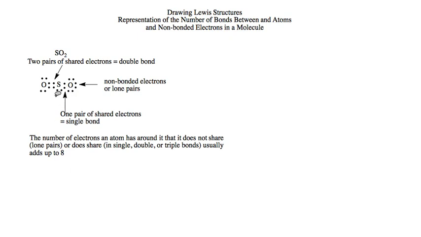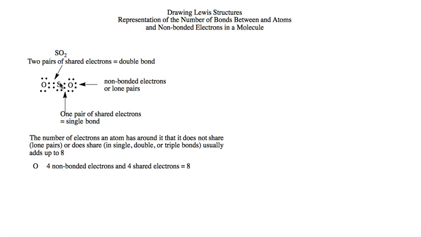So for instance, in this molecule, if we look at the oxygen on the left, this oxygen has 4 non-bonded electrons, 1, 2, 3, 4, and 4 shared electrons in the 2 bonds it forms, 1, 2, 3, 4, and that adds up to 8.